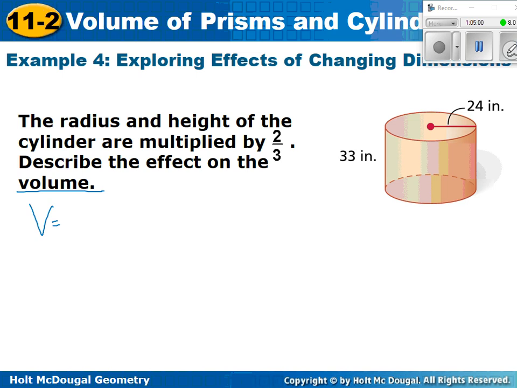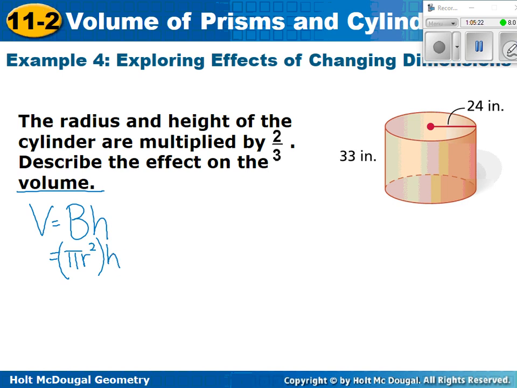What's the volume formula today? BH. Okay, look at your cylinder. What is the shape of the base? Circle. What's the area formula for a circle, capital B? Pi r squared. And then we have that multiplied by the height for the formula.